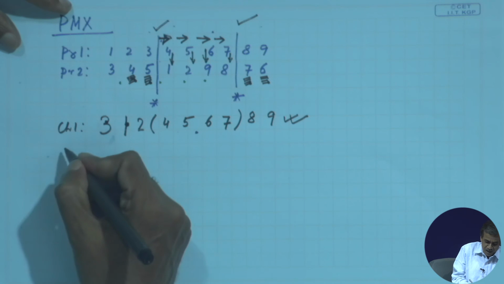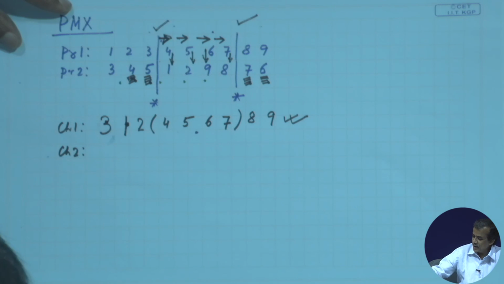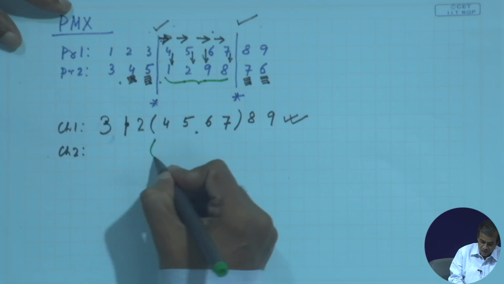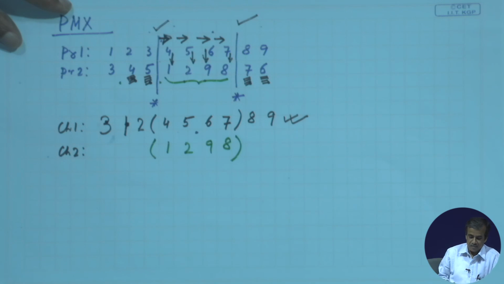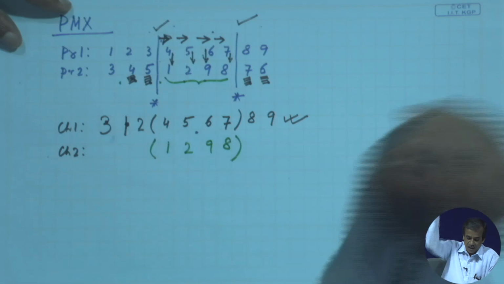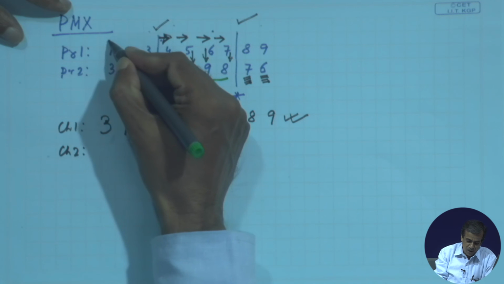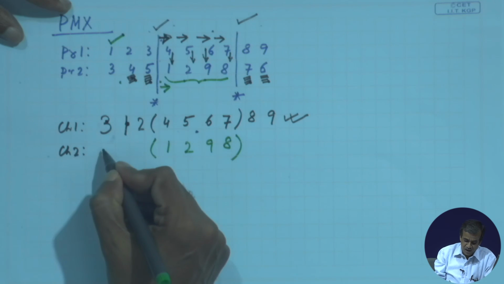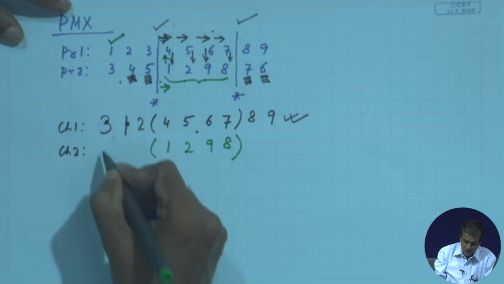Now, similarly, how to get child 2? Let us try to find out child 2. Now, to get child 2, first you copy this 1298. 1298 you copy. Now, you start your search from 1. This is the location of 1 on parent 1. So, you just book that location and put city 4 there, because 4 corresponds to 1.